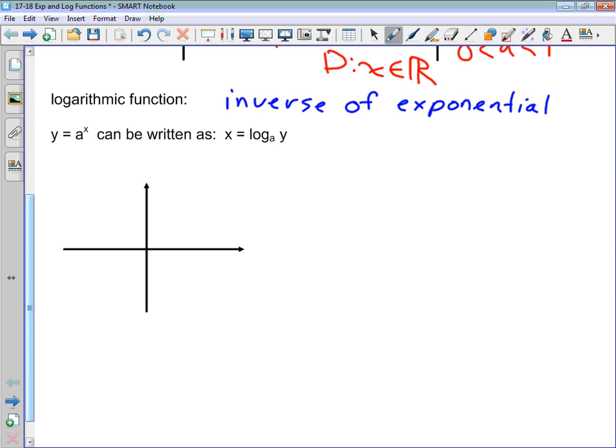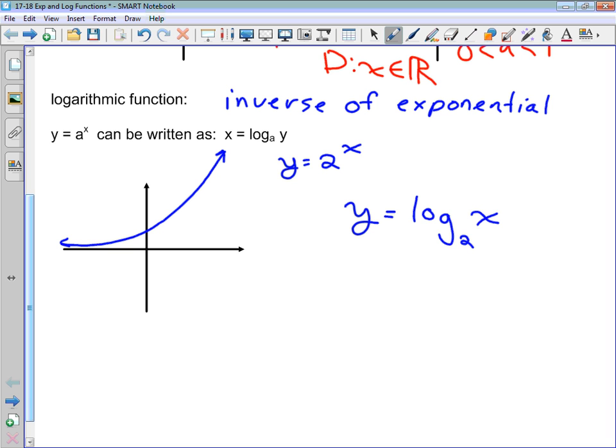So if we've got a function like, in the earlier example, we looked at y equals 2 to the x as our exponential function. Okay. Our corresponding logarithmic function would be y equals log to the base 2 of x.